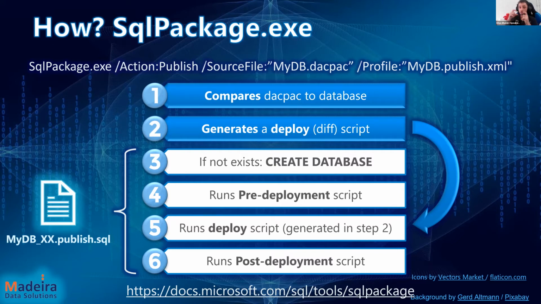And the diff, the comparison itself, is performed in the beginning as the first step. So for example, if you have something in your pre-deployment script that affects the target schema, that will not be taken into account when the diff script will be running next. And same for the post-deployment script.